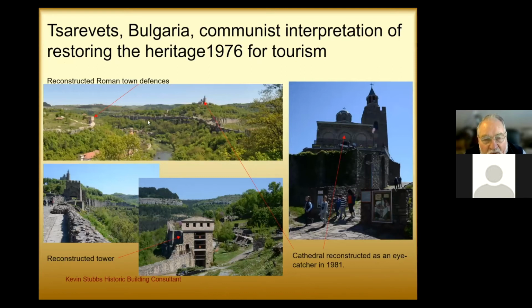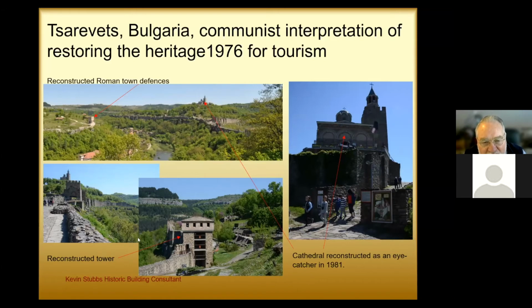Again, in an area that was communist during the 20th century, here in Bulgaria, the heritage was recognized in the second half of the 20th century as being something that could be a cash cow as far as tourism is concerned. And so they started to excavate and then restore this historic area. The Roman town, they rebuilt a section of the Roman town walls and the Roman tower.